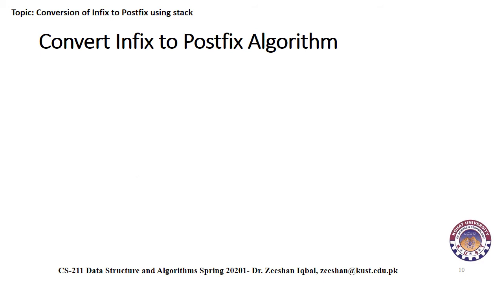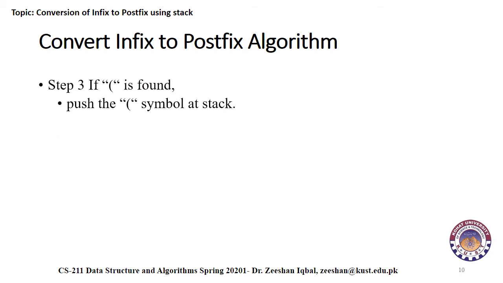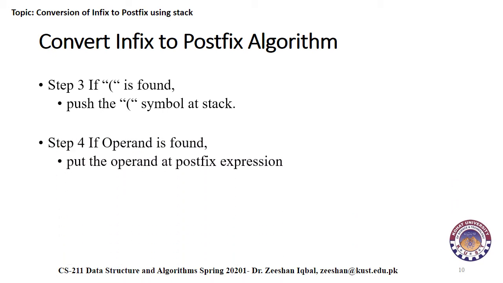Now in the scanning process, there will be 4 types of symbols involved. In step 3, if a left parenthesis is found, it will be pushed directly into the stack. In step 4, if an operand is found, put it in the postfix expression directly.